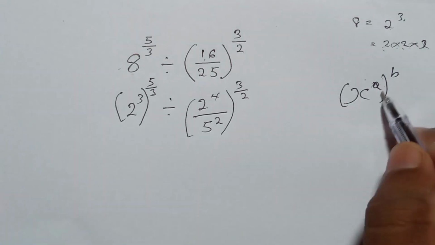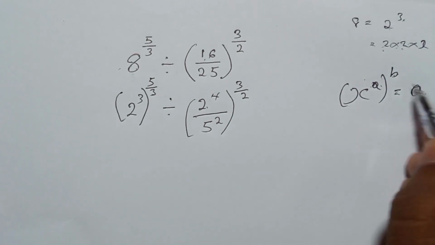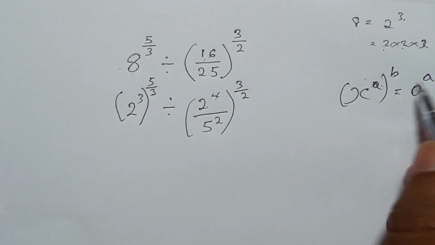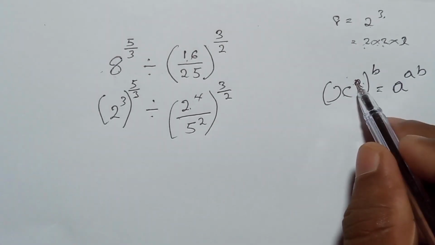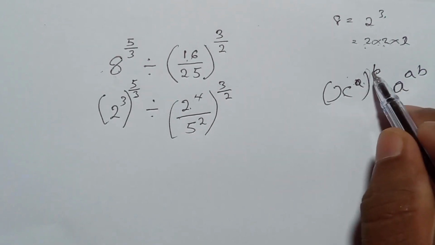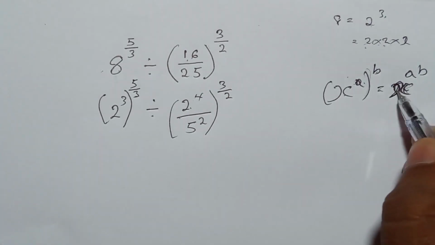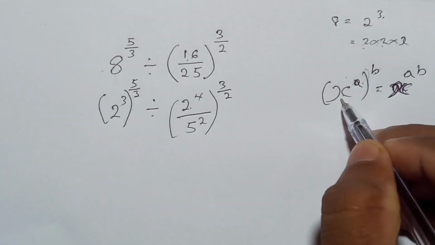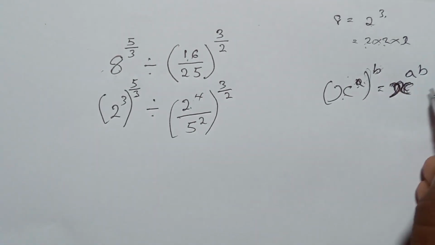First a, then after the close bracket b. The basic idea is a into b: this index multiplies with this index, so you write ab. When you have a base with an index and then another index, you can multiply both indices. This is the index rule which you learn, right?